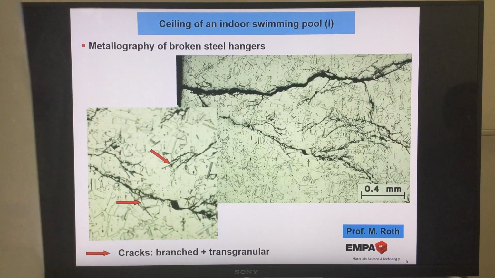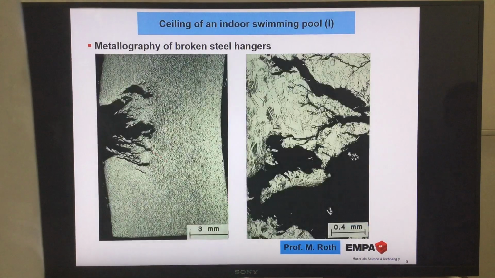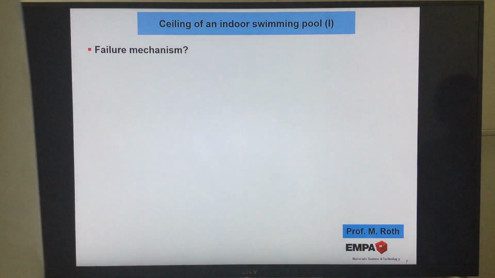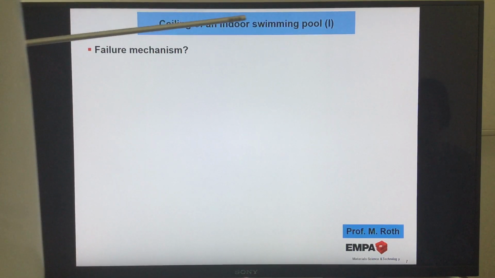Now when we think of this and the appearance, and there's another part which is very crazy, broken. Yes, I think you already may guess or know the failure mechanism when we think of the stress loading, when we see the appearance of these transgranular branched cracks, and secondly, when we think of the indoor swimming pool.